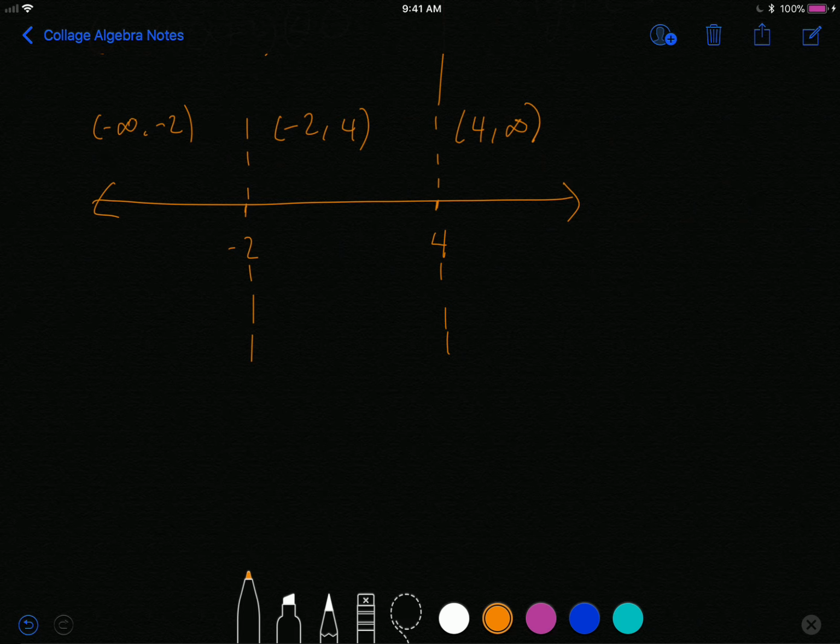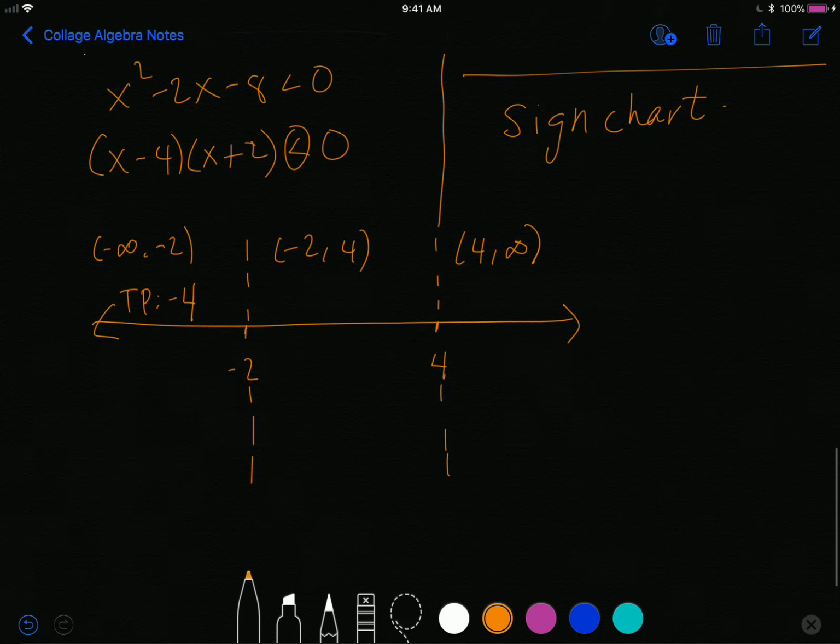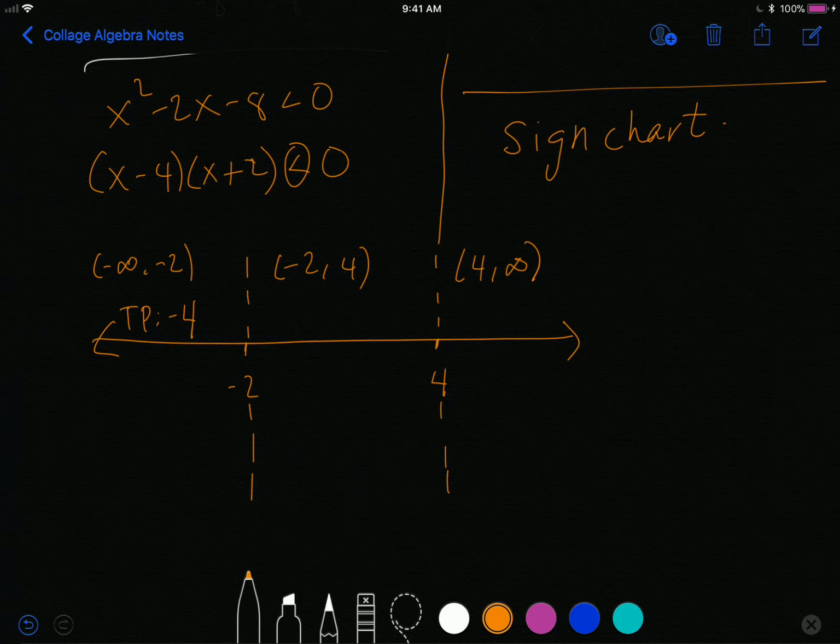What I'm going to do is use a test point to discover what the graph is doing in each region. So I need a number between negative infinity and negative 2. Say, for instance, negative 4. What I'm going to do with that test point is plug it into the equation.